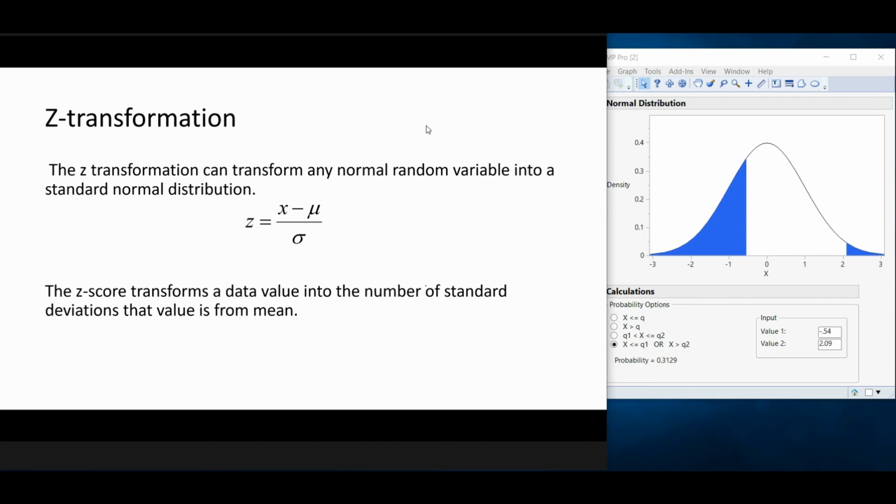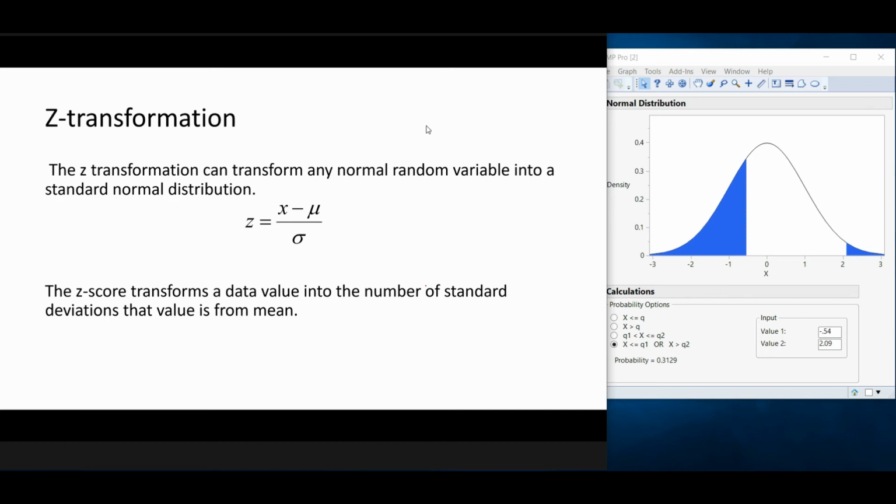And that meant you only needed to carry around one table, not lots of different normal distribution tables. So you could transform those using what we've got here as a z transformation and get it in terms of a standard normal distribution and then look up values in that table.